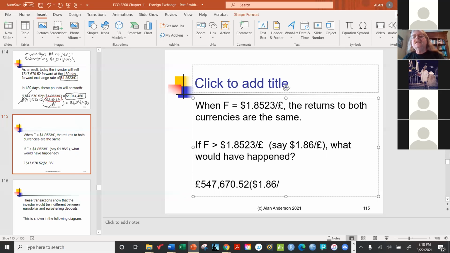And so this means that you would have ended up with, let's see, 547,670.52 times $1.86 would have brought us 1,002,237.052. So what does that have to do with anything?